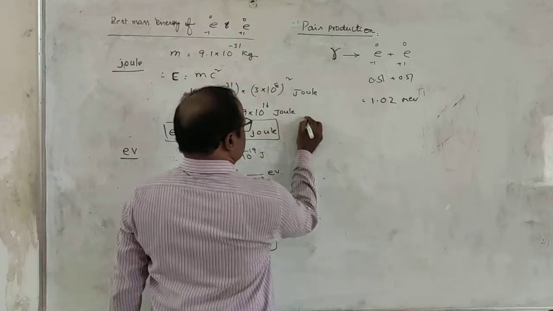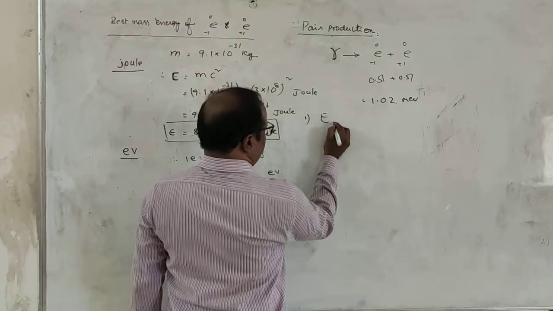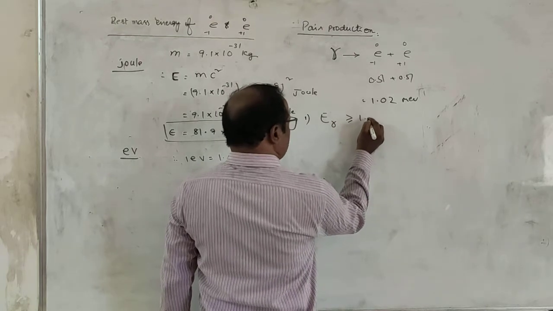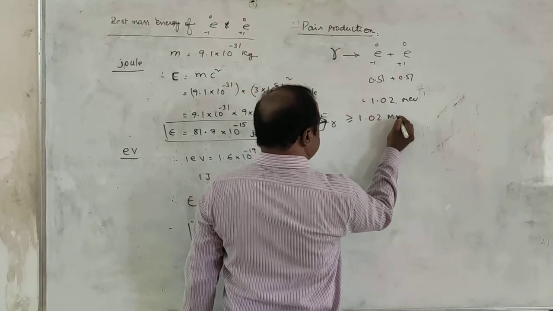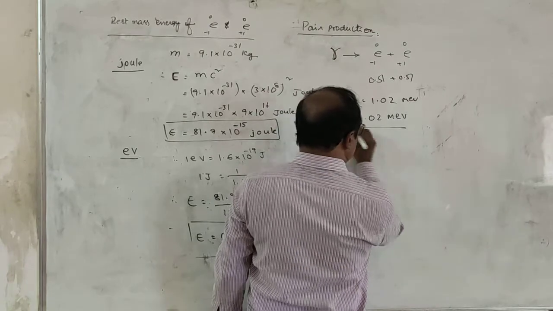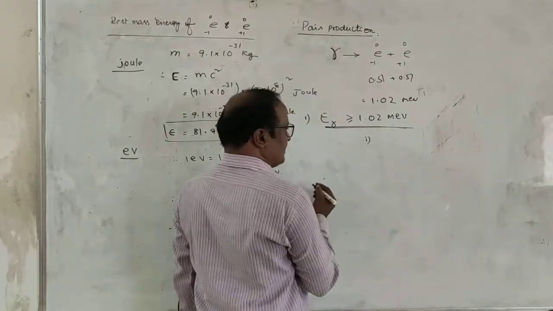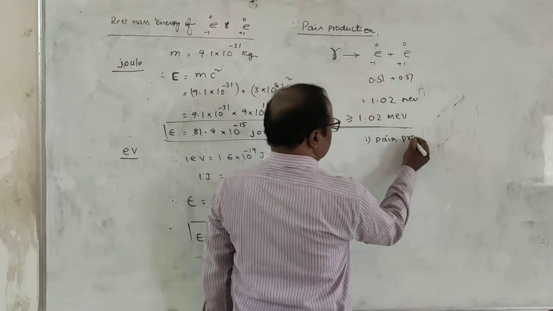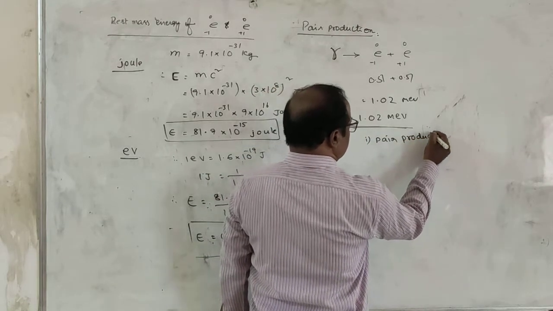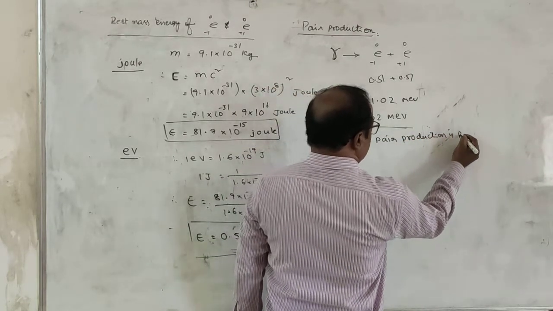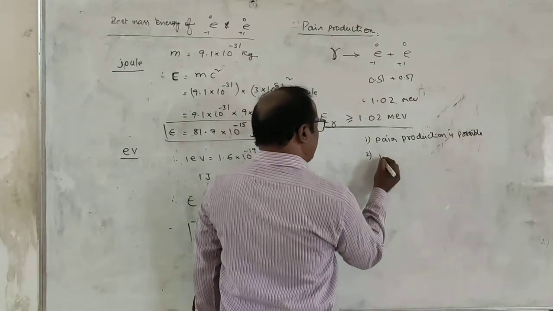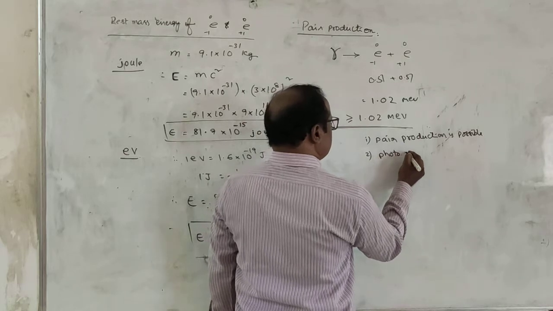So suppose the energy of the gamma ray photon is greater than or equal to 1.02 MeV. Here pair production is possible. Second one, photoelectric emission also possible.